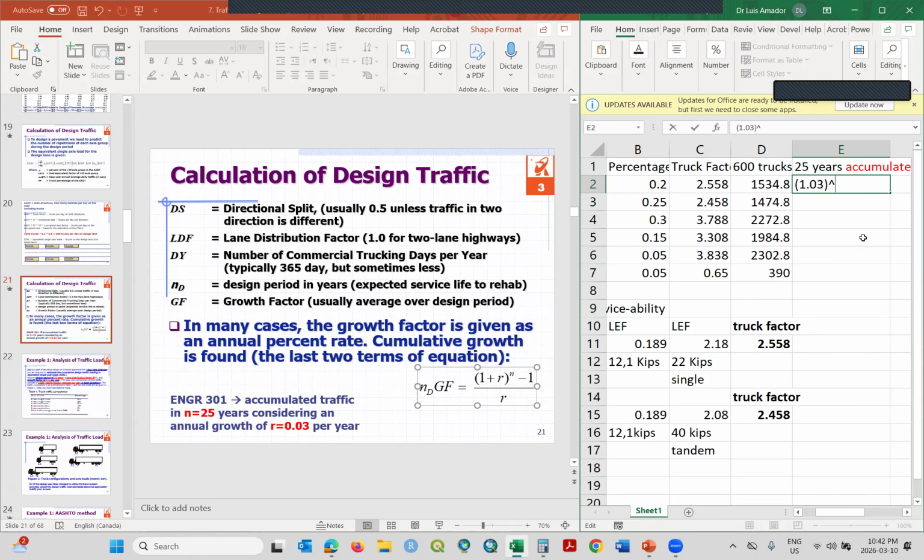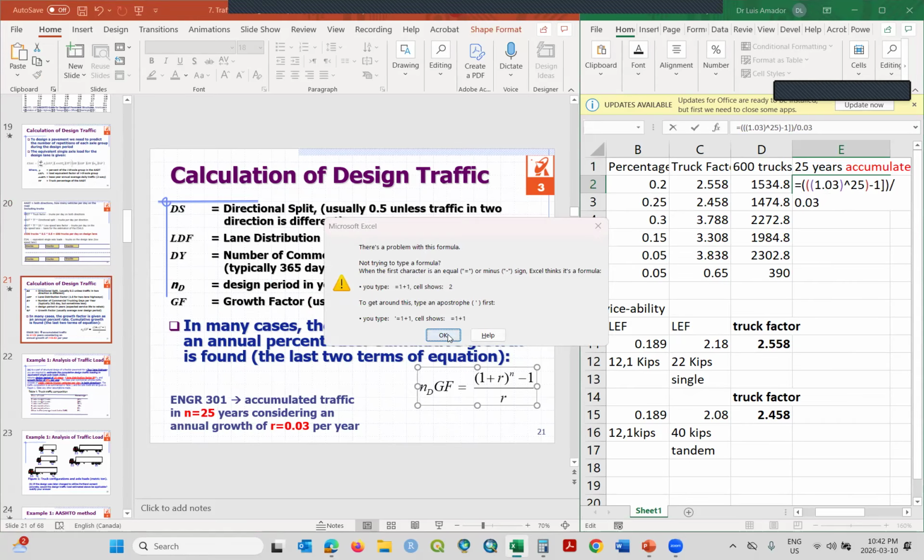To the power of 25 years, okay? 1 plus r to n, minus 1. And all that gets divided over r, which is 0.03. Are you guys clear with the equation? It's just that. So I'm going to put an equal so it calculates and tells us how much that is.